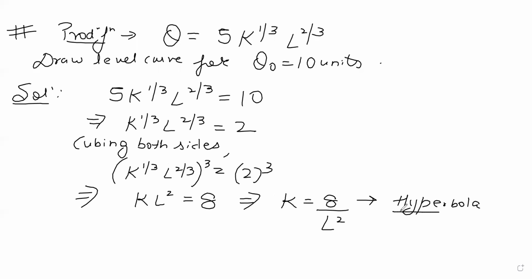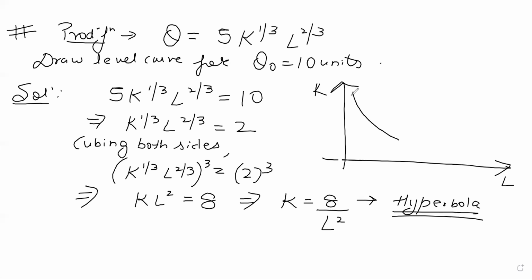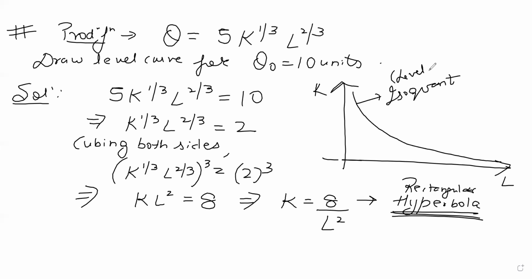All of you can recall this from my MME 1 course. If you plot this equation, it's going to look like a rectangular hyperbola, and this gives us the isoquant. So my level curve for this question is an isoquant at output equal to 10 units.